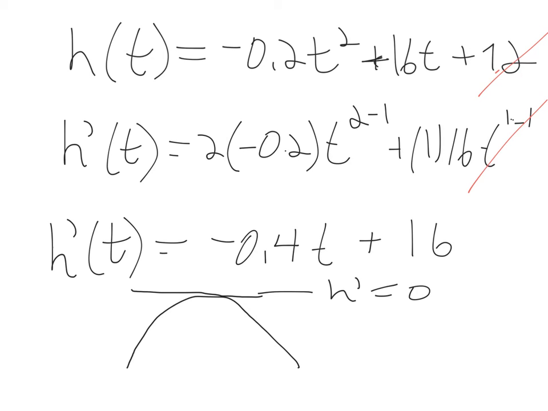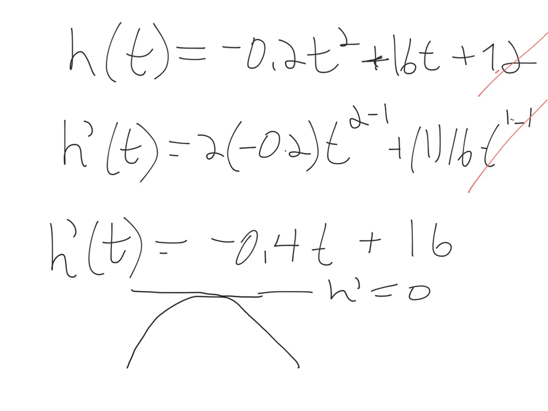The gradient of the tangent line is 0 at a maximum. We get this in chapter 21. So I could solve for the time. What time is it at the maximum? I want to solve the gradient equation for it equal to 0.